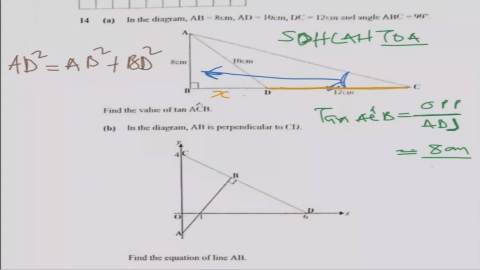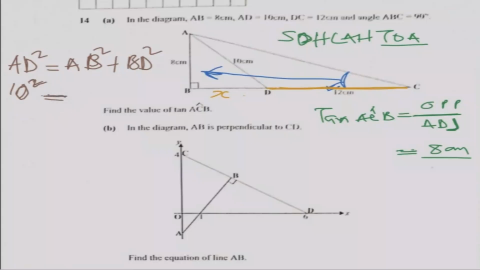Okay, I hope you are following me. So AD squared is equal to AB, this is B, please, not D, but B, AB squared plus BD squared. So what is AD? AD we have 10. I'm going to ignore the units maybe because of space. So I'm going to have 10 squared there.